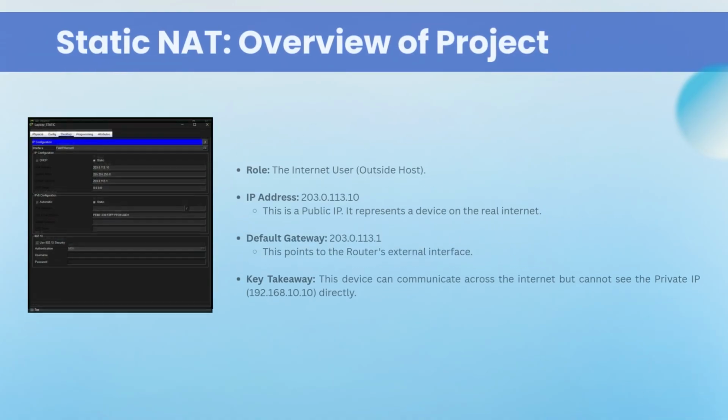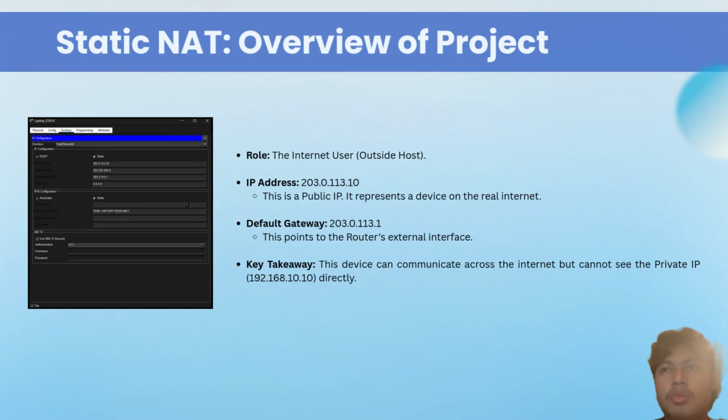Now I will show you the configuration for laptop static, which acts as the internet user, or the outside host. The IP address stated here, if you see on the diagram, is 203.0.113.10. This is a public IP address, and it represents a real device on the internet.